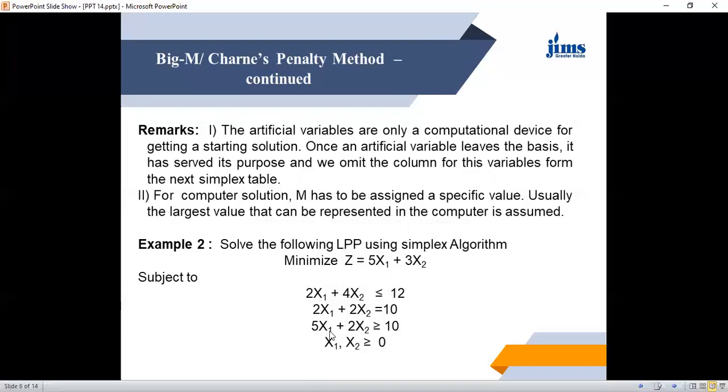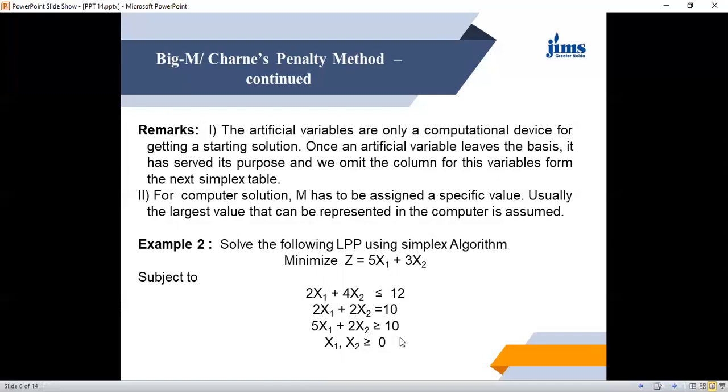Then 5x1 + 2x2 ≥ 10. To convert this greater than or equal to type into equality type, we deduct the surplus variable, s2. So 5x1 + 2x2 - s2 = 10.